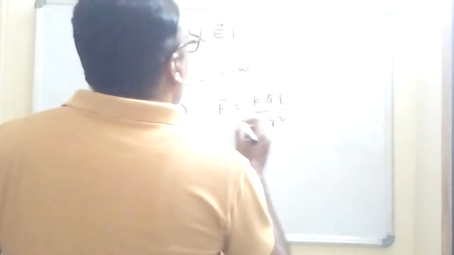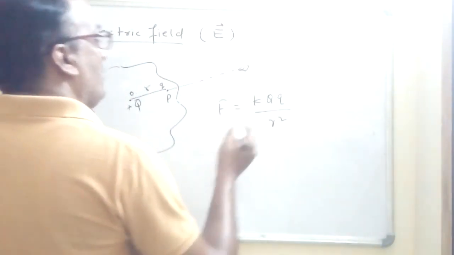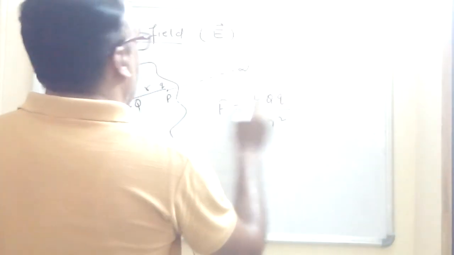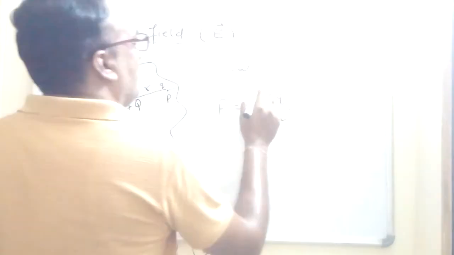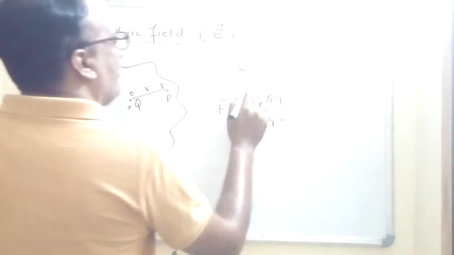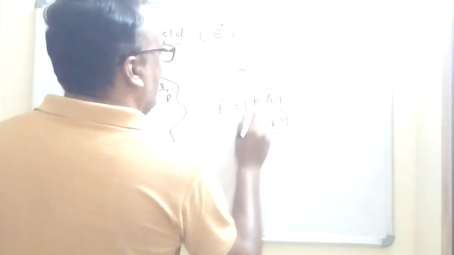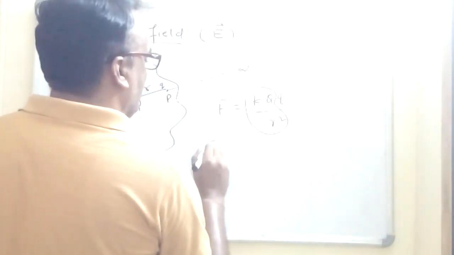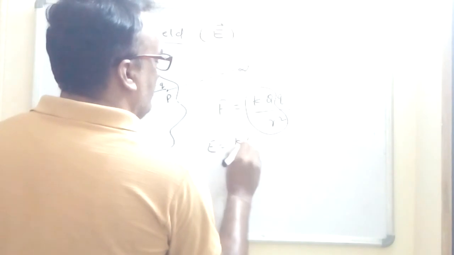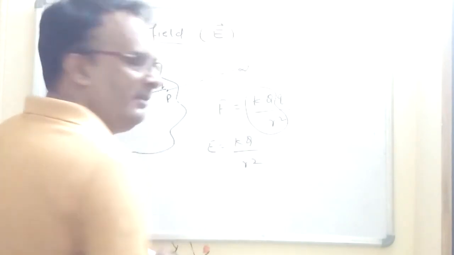Now, we know that this electric field is due to this charge Q. The formula for electric field is E equals kQ upon r square, right?